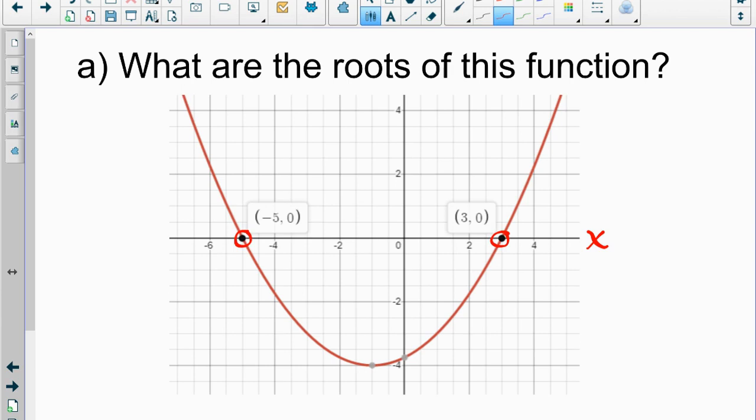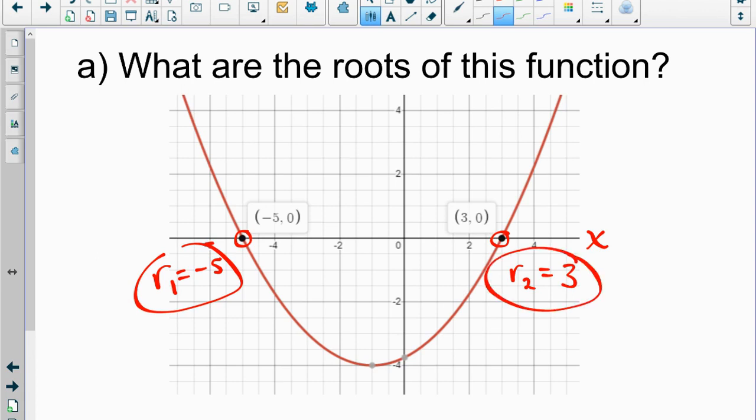Those are the x-intercepts. So we have one of our roots. I'll go left to right, and we'll call this r1 is at -5. And r2, our second root, is at +3. So those are the 2 roots of this particular function.